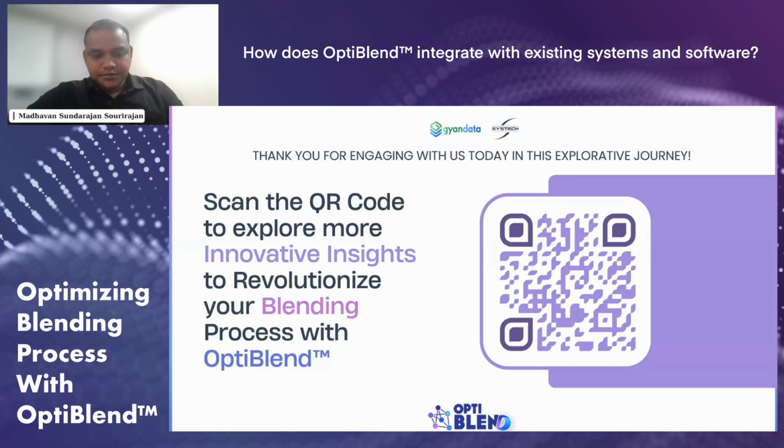Yep. So from an integration standpoint, we can integrate OptiBlend and gather data from existing systems. We have features via APIs to ingest data into OptiBlend, or we can also connect it to databases.